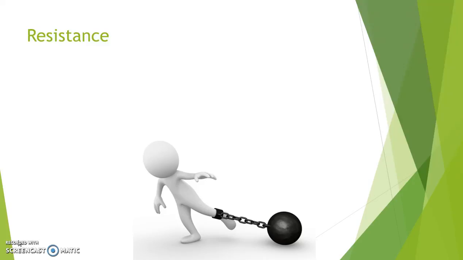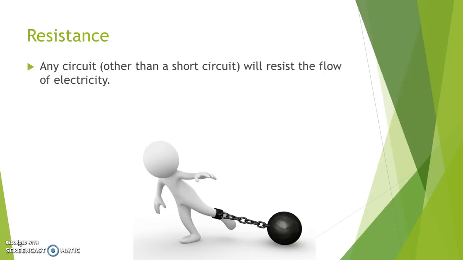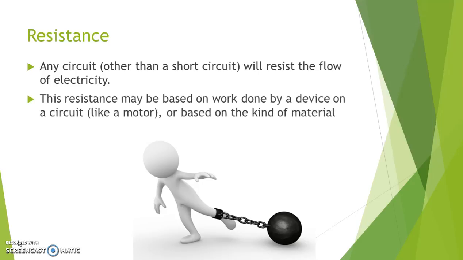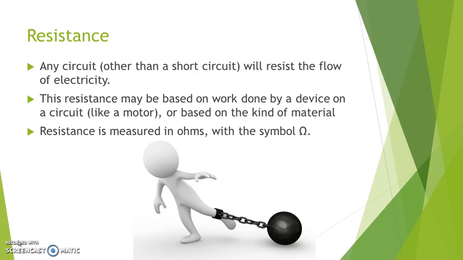Okay, another important term in our circuit is resistance. Now, any circuit that isn't a short circuit will resist the flow of electricity. It'll resist the movement of electrons. And that resistance can be looked at based on the work done by a device in the circuit, like a motor, or it can be just calculated based on the type of material.